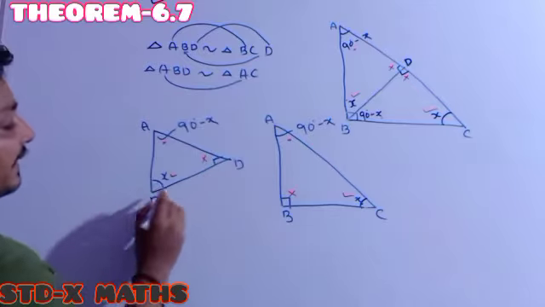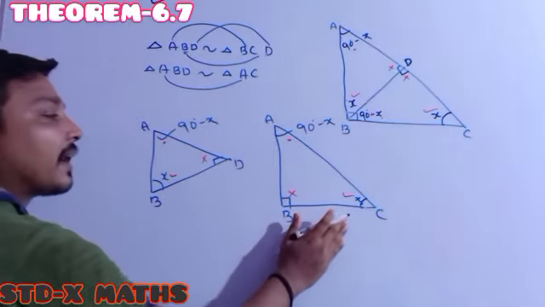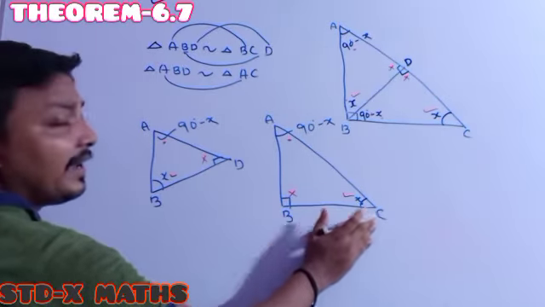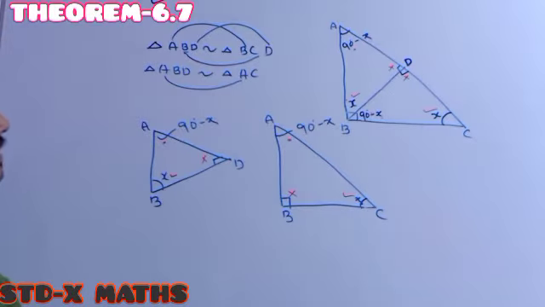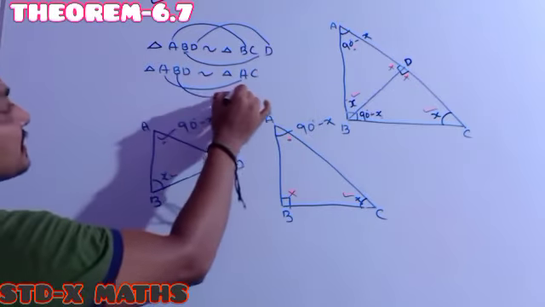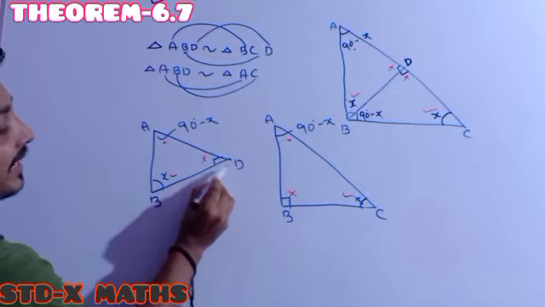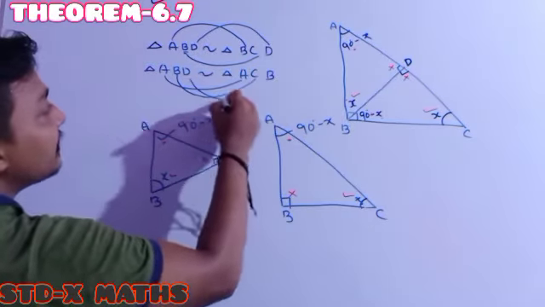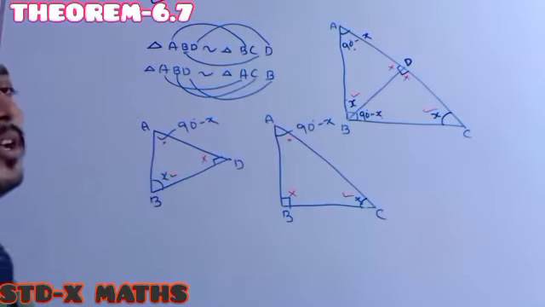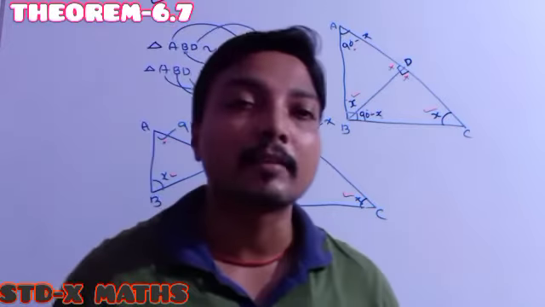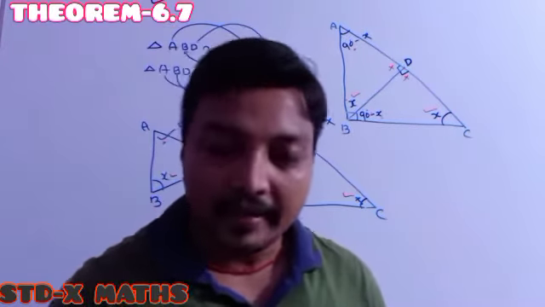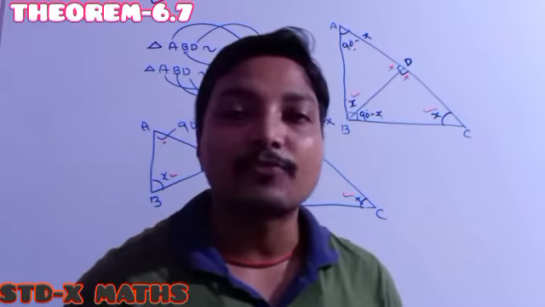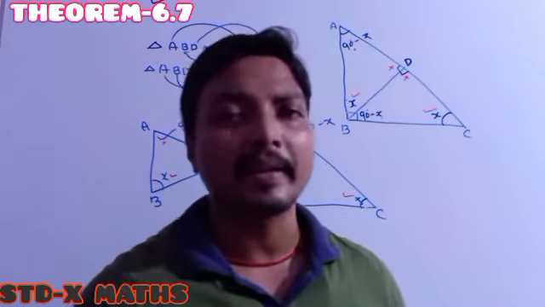So the B angle is x, and in the larger triangle the C angle is x. Then B is matching with C. Then D will match with B, so for D, here I am writing B. Understood? So both the triangles are similar as per our AA similarity criteria, otherwise as per our AAA similarity criteria.